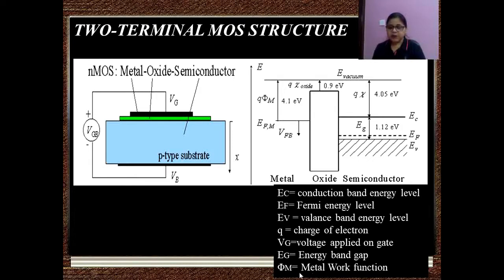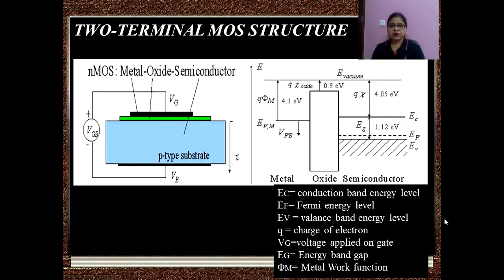And phi m is the metal work function. Work function means the energy required to move an electron from the Fermi level to the free space level; that is known as the work function. So these are some very basic nomenclature which we use in the entire derivation and discussion.